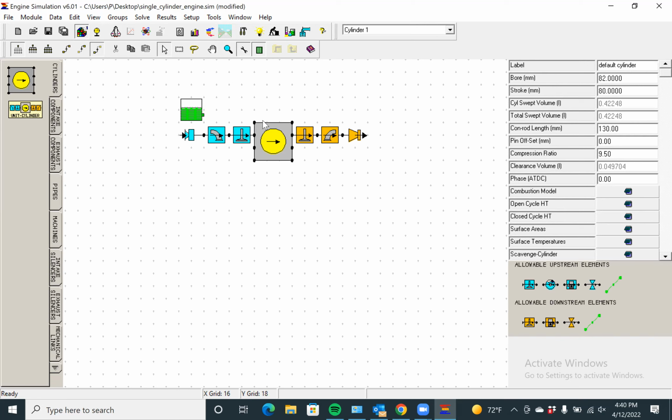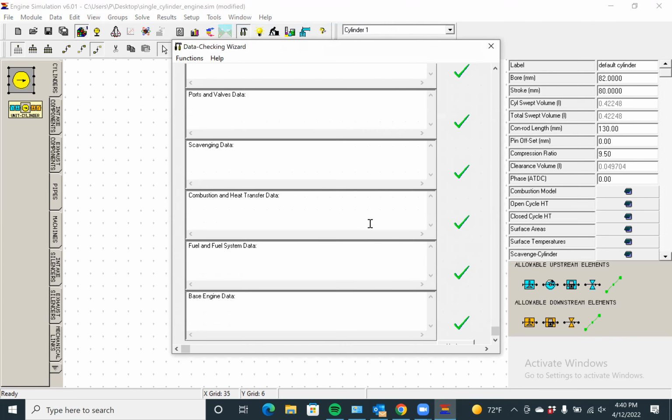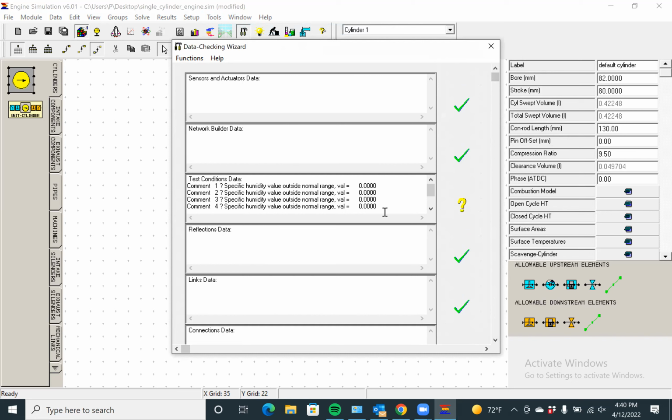After this is done, what I want you to do is go to tools and do data check wizard. This is the first thing that you will do before running the simulation. Go to tools, data check wizard. Data check wizard will actually go through all these elements and see if everything is okay.